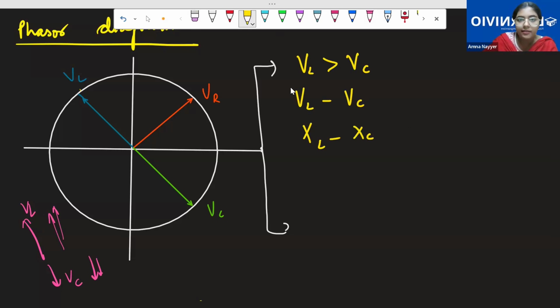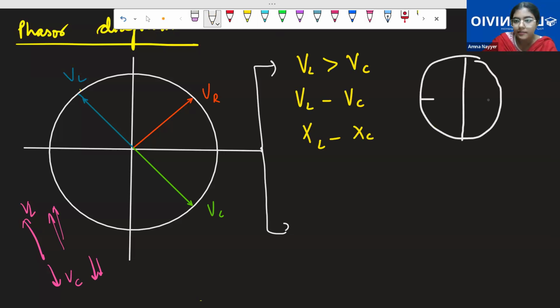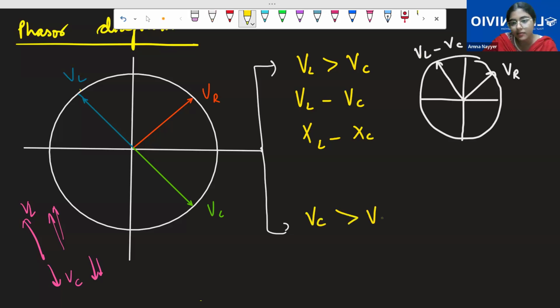So how will my phasor diagram look like? The phasor diagram will look like this. This is the voltage due to the resistance. But see here, since the inductor one is greater, the VL minus VC will point towards the inductor side. Second possibility, what if VC is greater than VL?